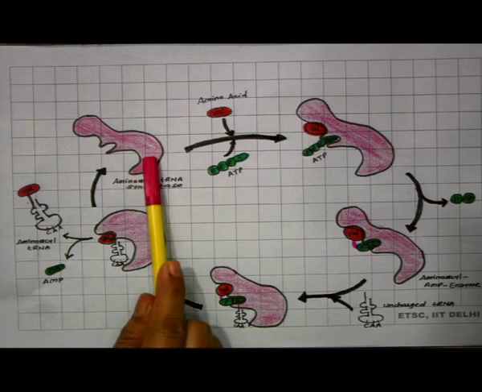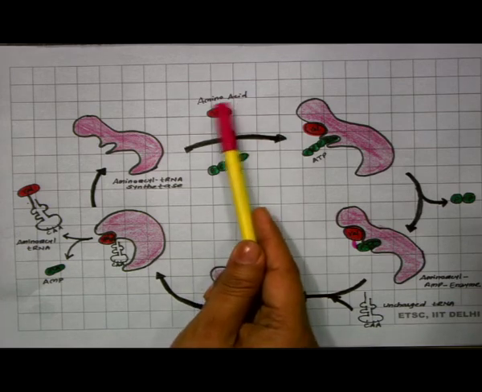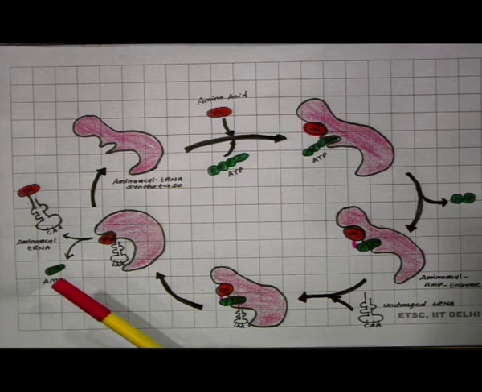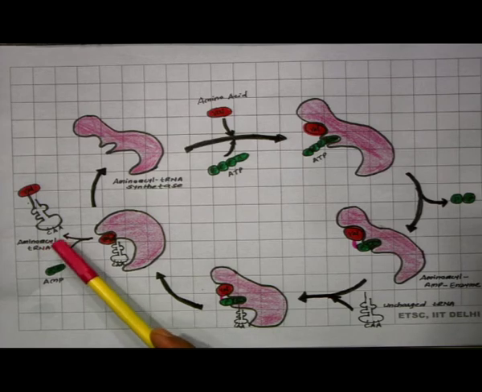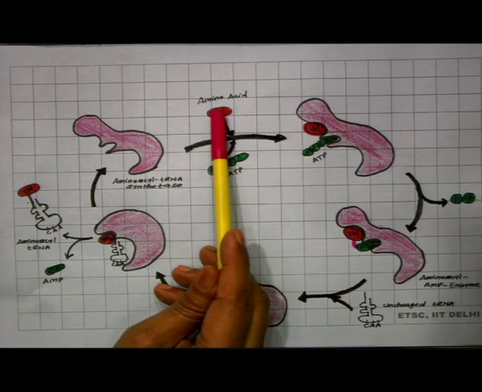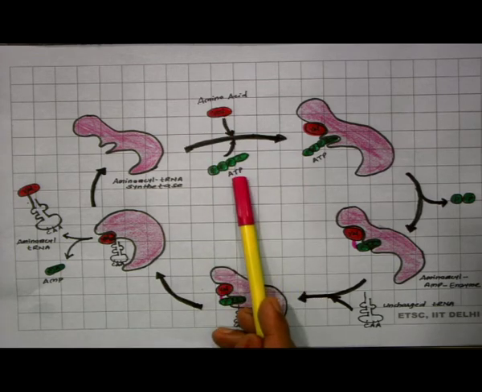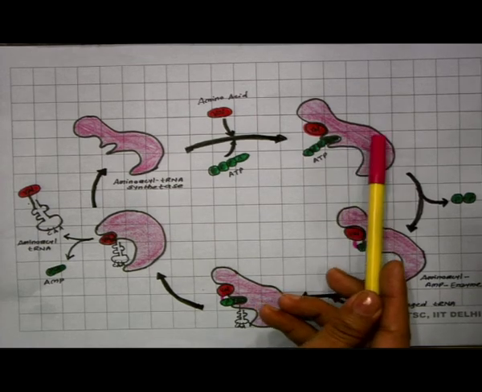This amino acid will correspond to the anticodon of transfer RNA. Here I have taken the anticodon CAA. The codon of CAA will be GUU, and GUU codes for valine. So, the valine amino acid and ATP both will combine with the amino acid transfer RNA synthetase.